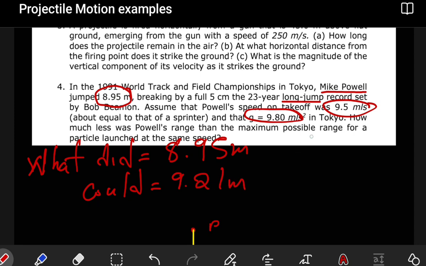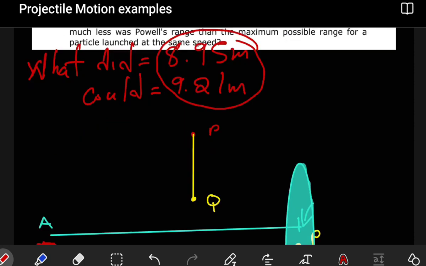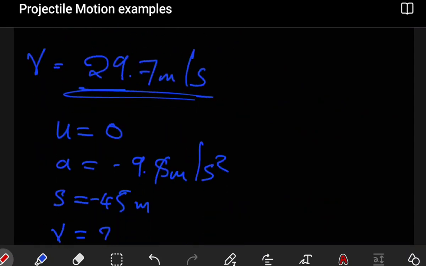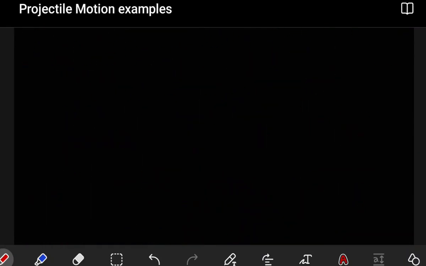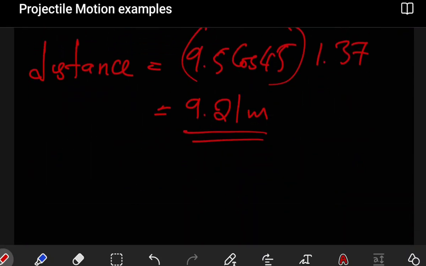So the question is asking us to say, how much less was his range than the maximum? How much less will be the difference between these two values? So I have 9.21 less what he did, which is 8.95, then we get 0.46. So how much less was his range compared to the max? Well, it was 0.46 meters less.